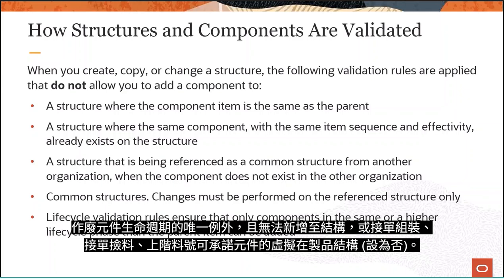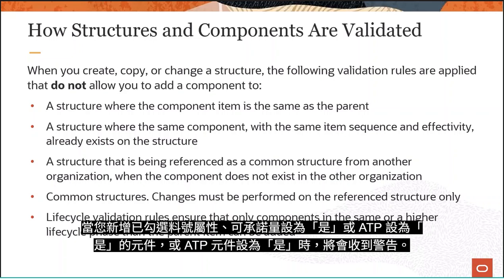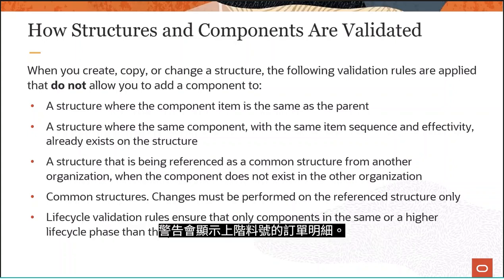Or assemble to order, pick to order, phantom structures where the parent item has available to promise components set to no. You'll receive a warning when you add components that have either the item attribute checked, available to promise, or ATP set to yes, or the ATP component is set to yes. The warning will display the order details for the parent items.